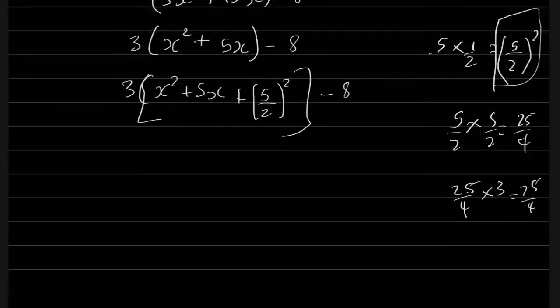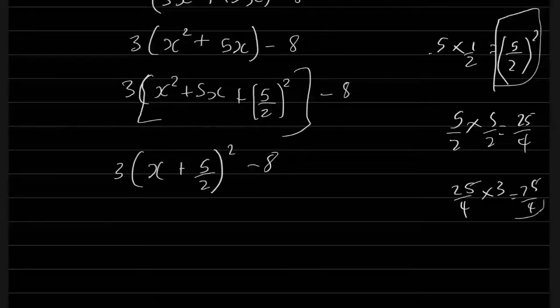So we will rewrite what we have in the bracket here, since it's a perfect square, as 3 open bracket x plus 5 over 2 all squared, minus 8, and we have to subtract this out, minus 8 subtract 75 over 4.